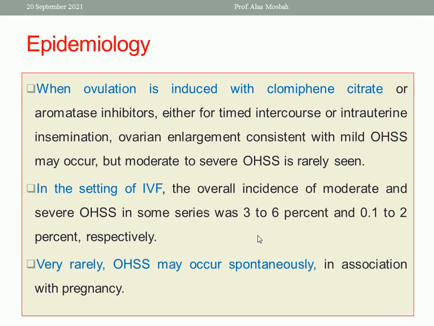In spontaneous pregnancy, there are reported cases of hyperstimulation syndrome, and this may be explained by the theory of increased sensitivity of FSH receptors in the ovary. This is the cause of spontaneous hyperstimulation syndrome without ovarian stimulation.